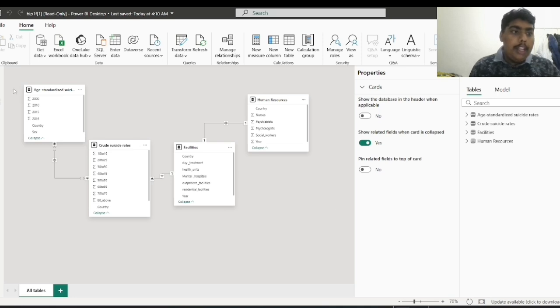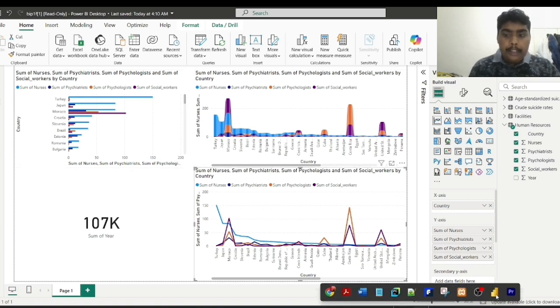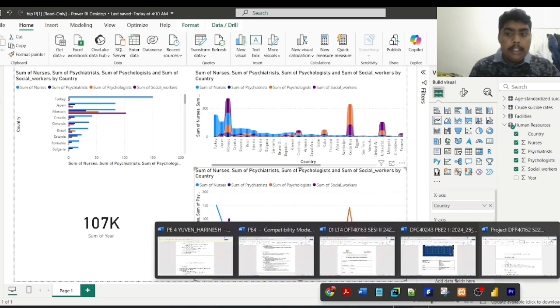After we load the data into Power BI, we go to transform data and filter what we need. Then we do the visualization here.